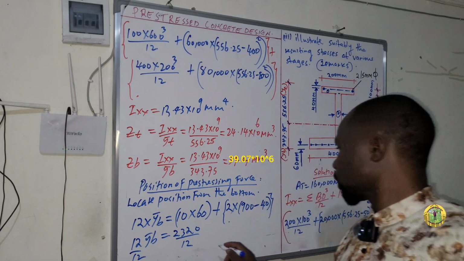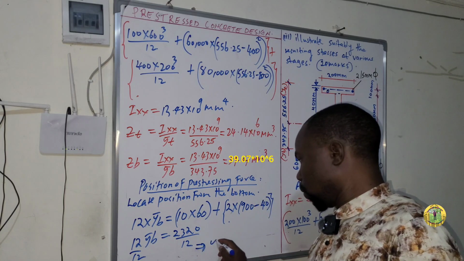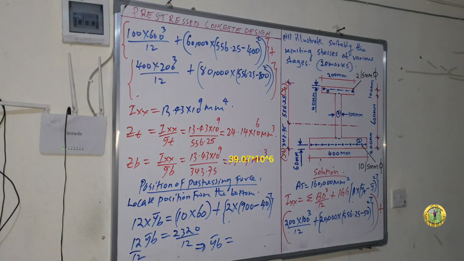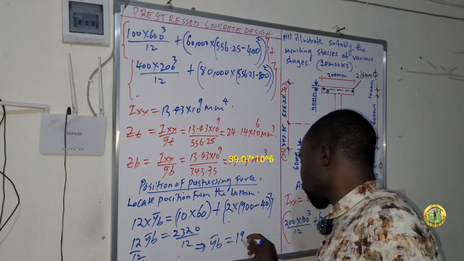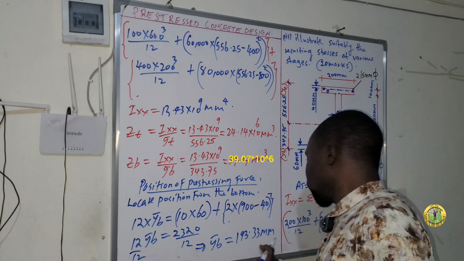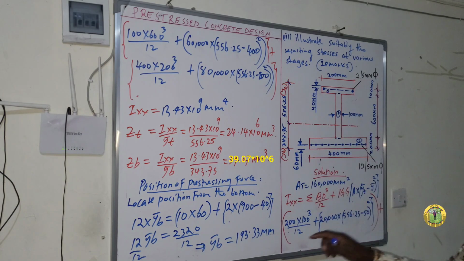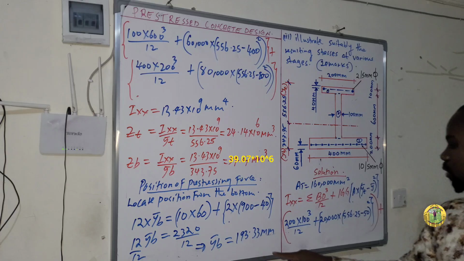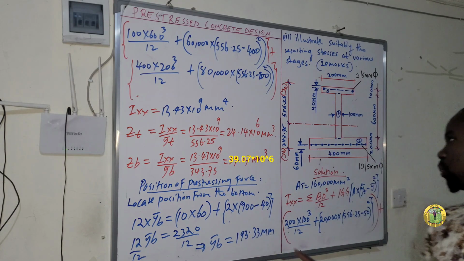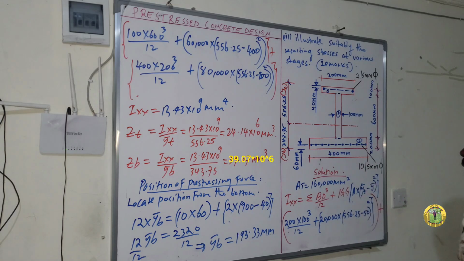So which imply Y bar bottom is equal to 193.33 millimeters. So we assume the prestressing force is at 193.33 from the bottom part of this beam section.